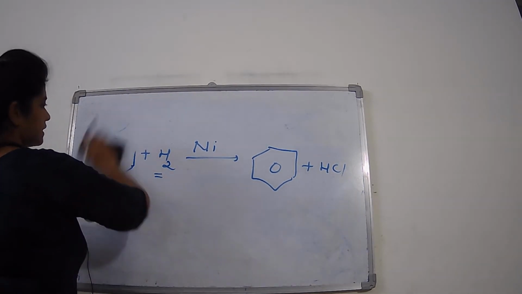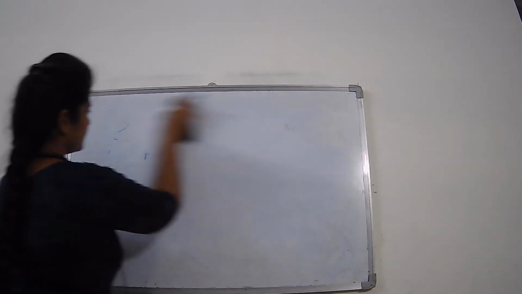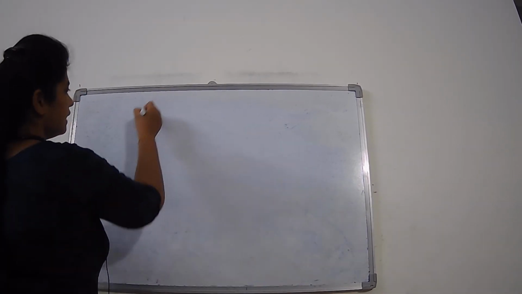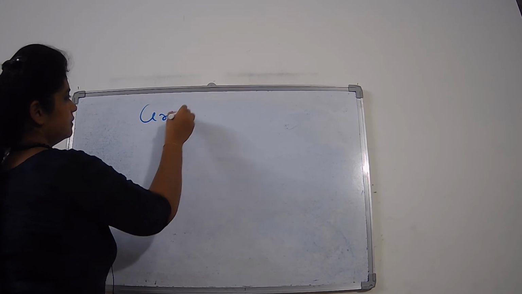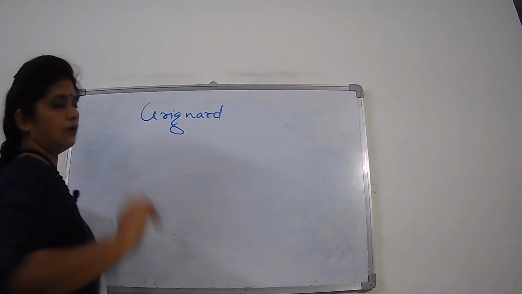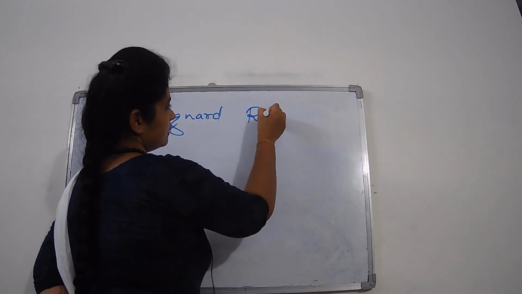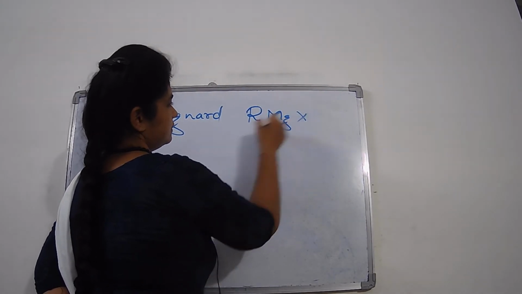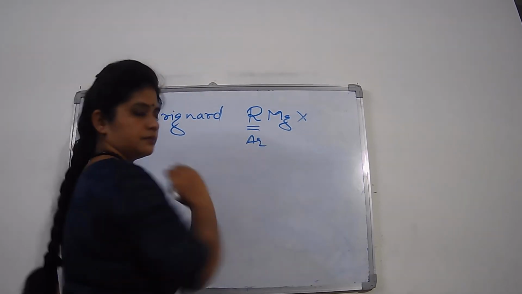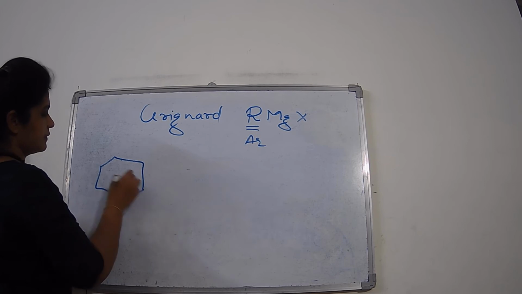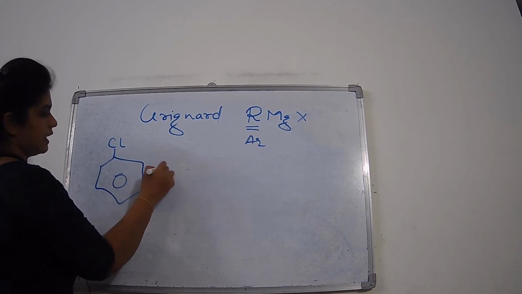The next reaction of chlorobenzene is preparation of Grignard reagent. You already know that the Grignard reagent is RMgX. This R may be Ar also. So we have chlorobenzene, and this chlorobenzene reacts with magnesium.